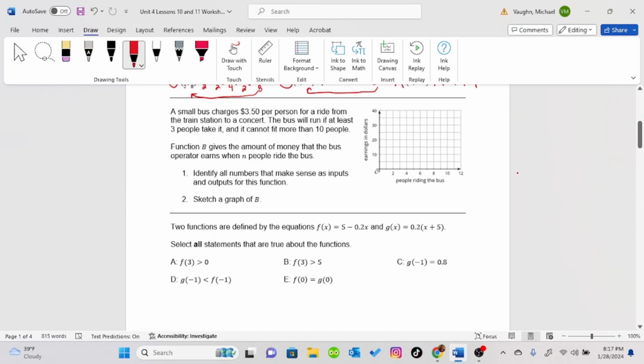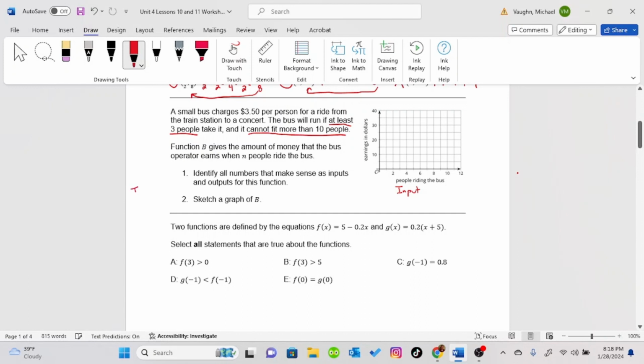So we can see that our input is people riding the bus. And there must be at least 3 people and cannot fit more than 10 people.